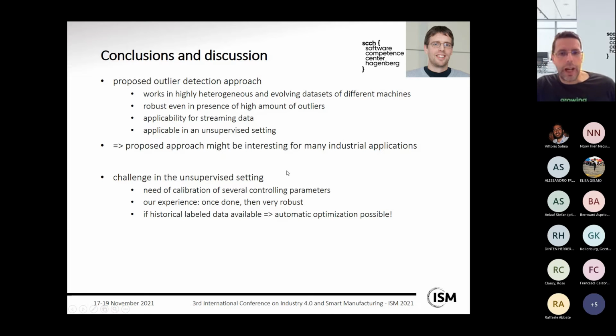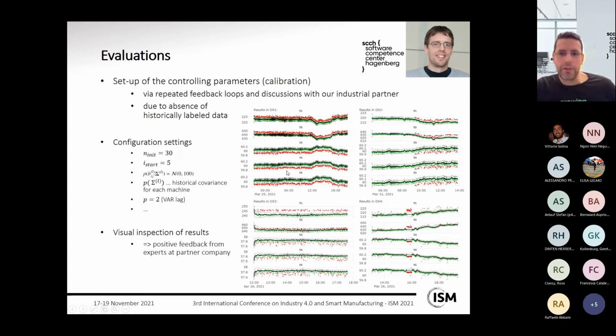Maybe what I don't want to hide is that, of course, arriving at these results was not just one-shot learning, but it was a hard work of calibration. So we had repeated feedback loops and discussions with our industrial partner, and this was necessary due to the lack of historical labeled data.